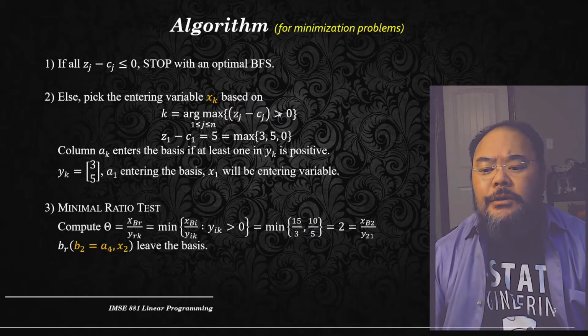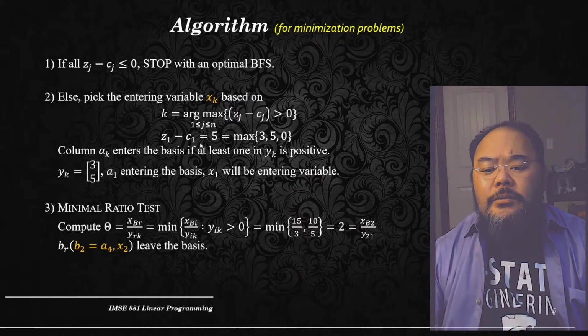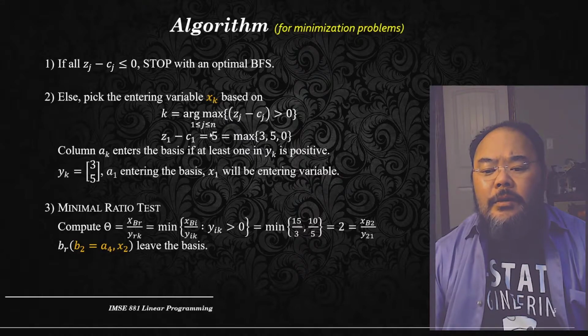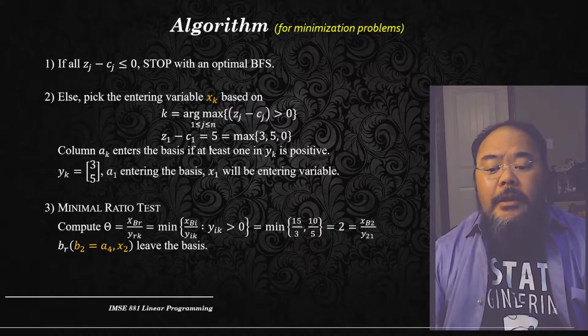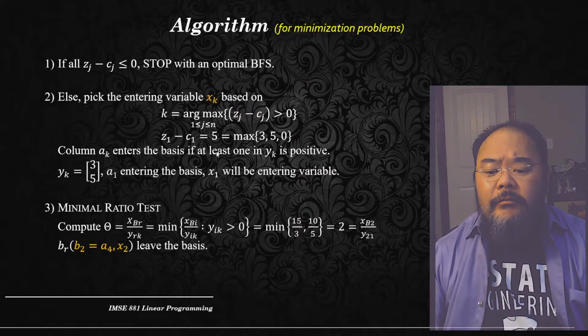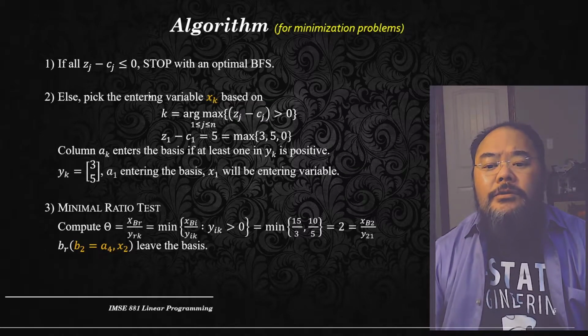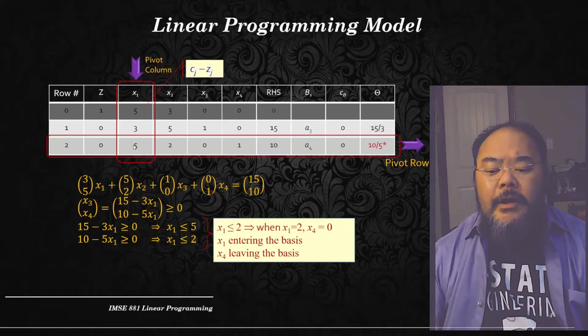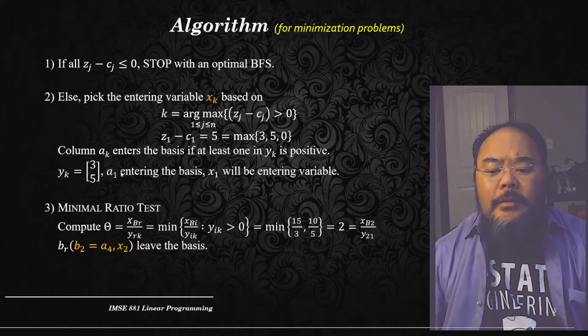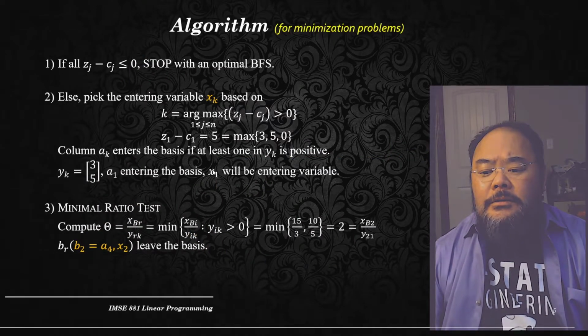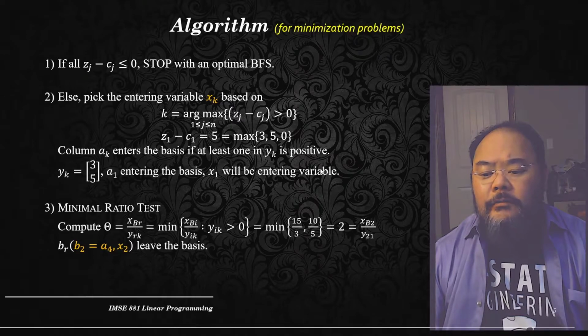In our case, it is z1 minus c1, which is 5, the maximum of 3, 5, and 0. Column Ak enters the basis if at least one of the yk is positive. The yk here is 3 and 5. So A1 enters the basis, and x1 is the entering variable.